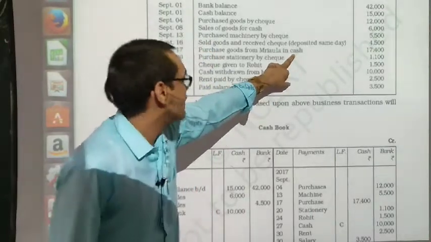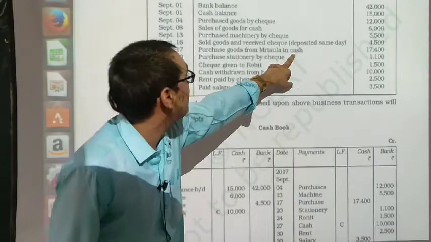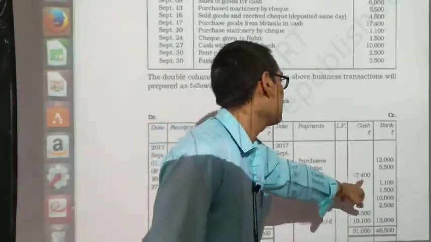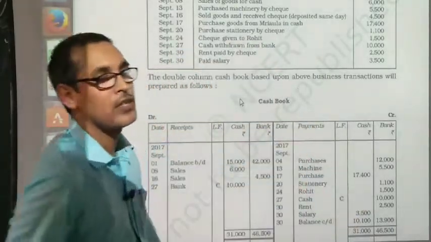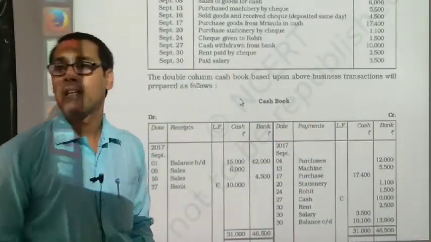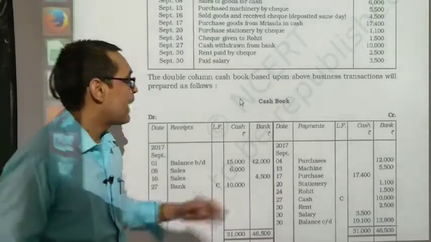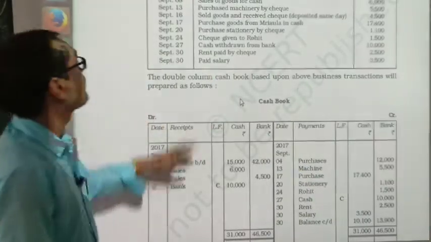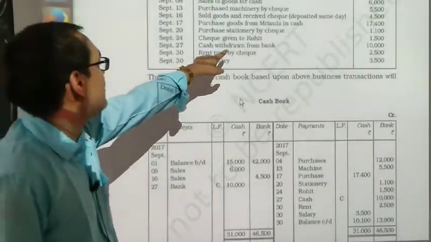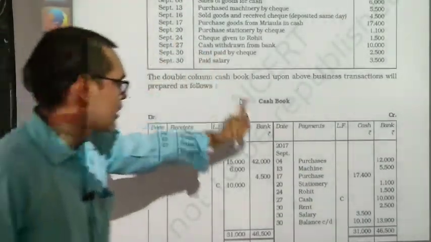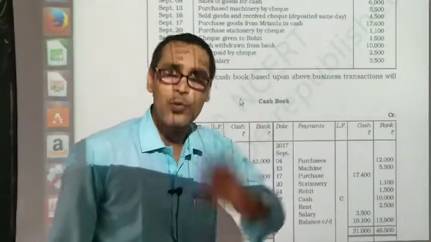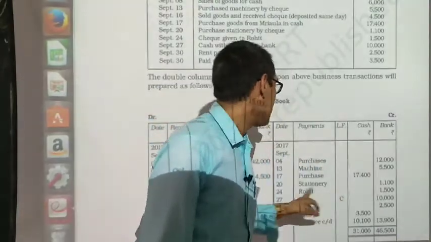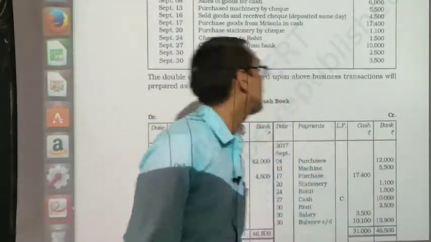That's why it is a cash transaction, and we recorded this item as by purchase 17,400 in the cash column because we are purchasing through cash. So cash is reducing, by purchase 17,400. Purchase of stationery by check is also recorded as stationery account debit to bank. So bank is reducing, by stationery 1,100.